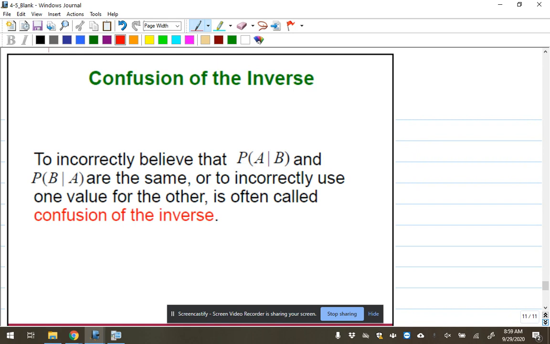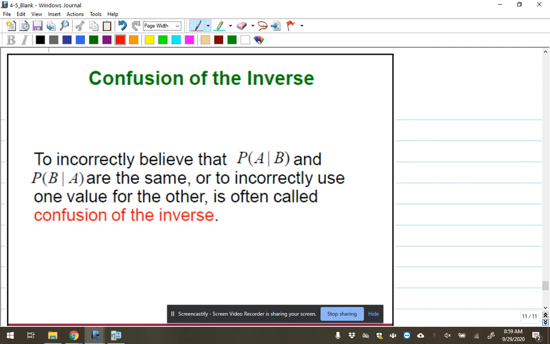Confusion of the inverse. Okay. Believing that probability of A given B and probability of B given A are the same is incorrect, or incorrectly using one value for the other. It's called confusion of the inverse. A given B is not the same as B given A. That's what this means.